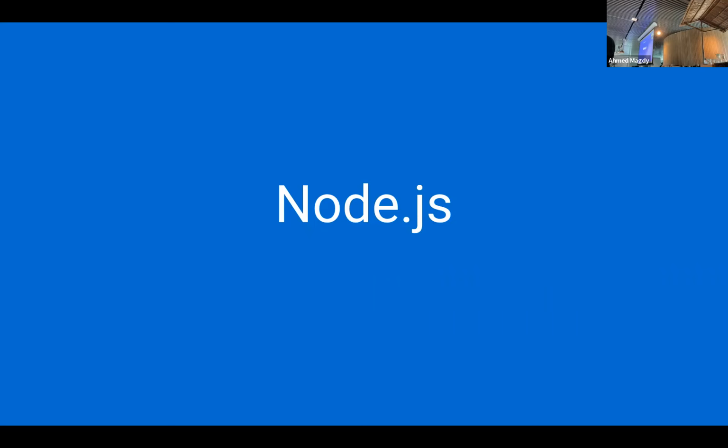So someone decided to extract the engine that runs JavaScript on the browser and put it also on the server. That engine is the way to understand the JavaScript code and run it. So instead of running on the browser, it runs on the server. And that's called Node.js. It's the same JavaScript, the same everything. The only difference is where it runs. And of course, on the back end or the Node.js side, there is no document because it's not a web page, it's a server.